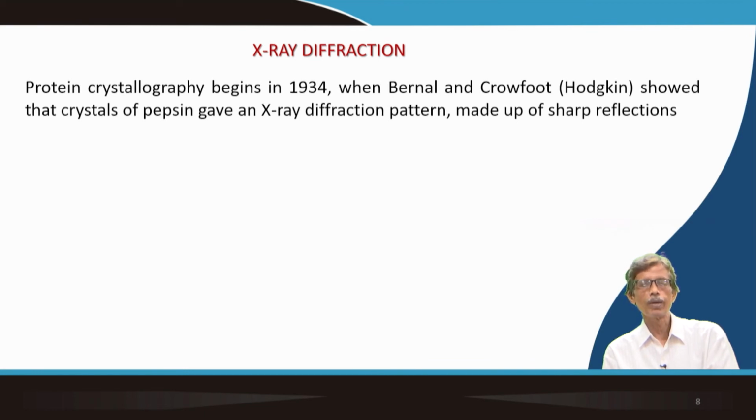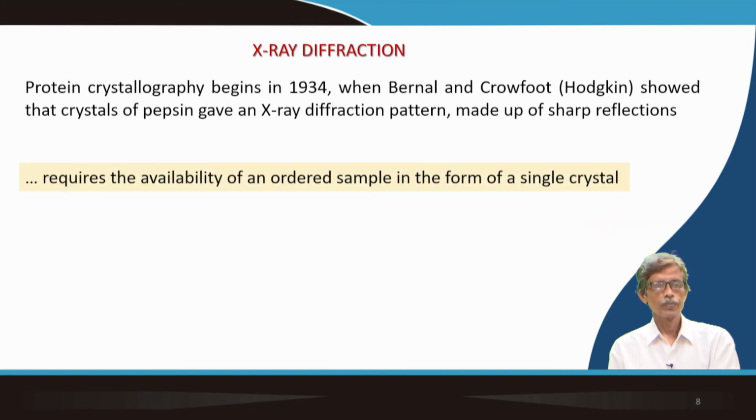Two people, Professor Bernal and Professor Hodgkin, showed that they could crystallize pepsin. They crystallized the small crystal and went for X-ray diffraction, and they found that the diffraction pattern gives reflections whose intensity you can monitor.